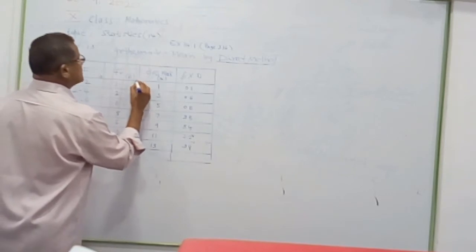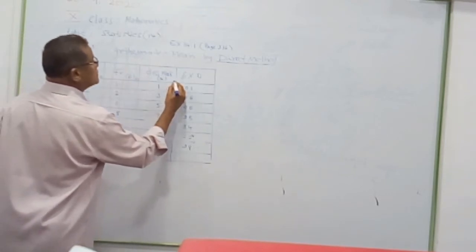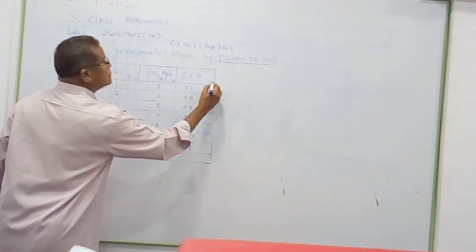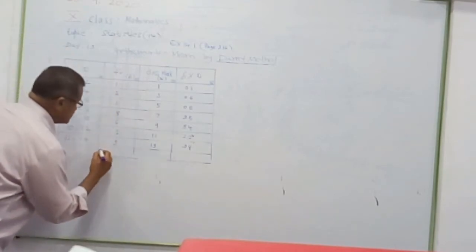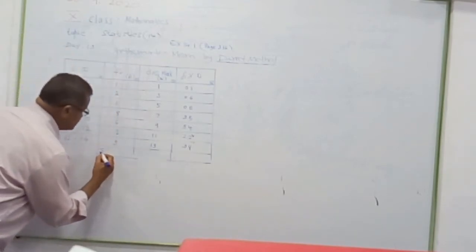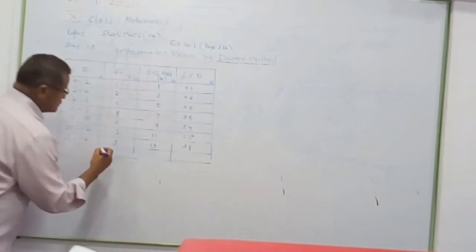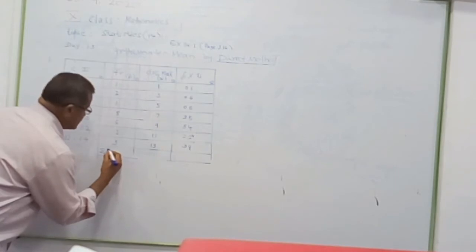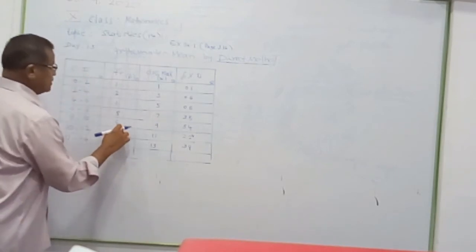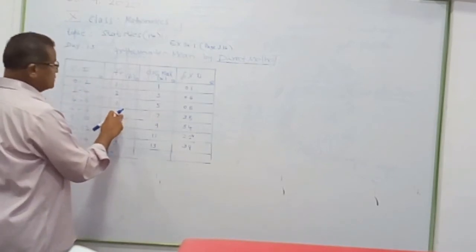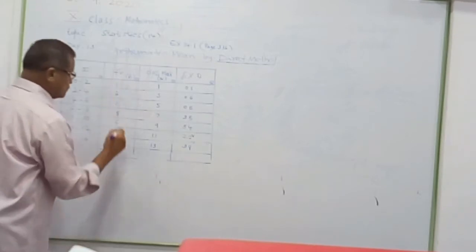This is the second column, third column, fourth. See, after writing this, add all these frequencies. This is sigma. Sigma stands for sum. Total sigma Fi is equal to 5, 6, 11, 11, 5, 16, 16, 4, 20.